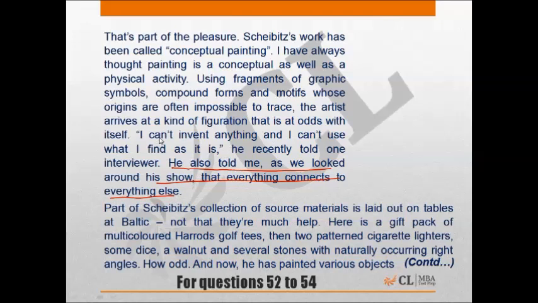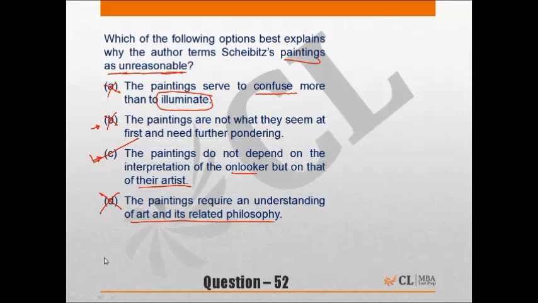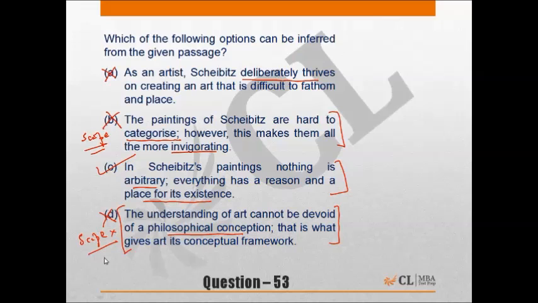There's a reason for everything. Before that, he had said, I can't invent anything. I can't use whatever I find as it is. To me, this is the critical line. Similarly, this paragraph is again a way of saying that things are connected to each other. So the correct answer in question 53 has to be choice C.